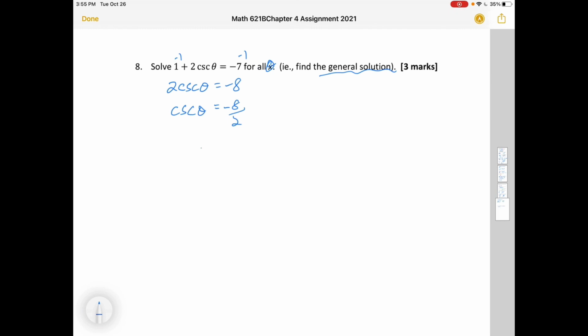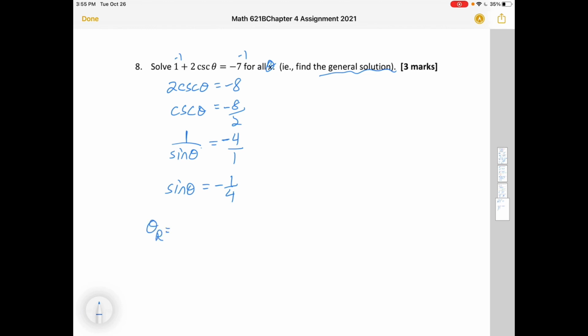And then I can just rewrite this. So that's 1 over sine theta. Cosecant's 1 over sine. They each get a co-buddy. And negative 8 over 2 is just negative 4 over 1. And now let's flip it upside down. So sine theta is negative 1/4. That's a helpful version of the equation, and from here we can operate.